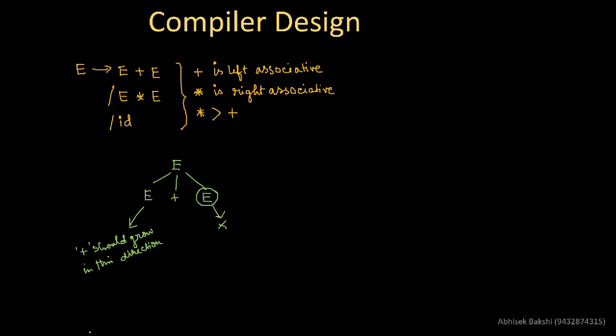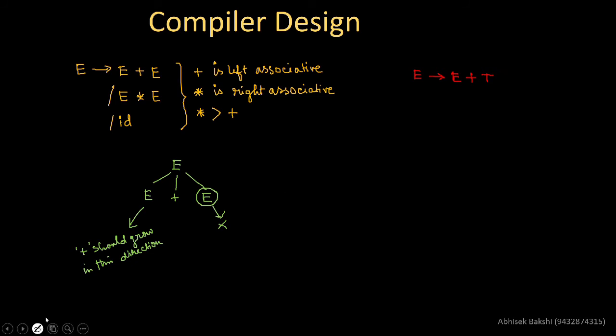So when I rewrite the production for this E to E plus E, I will write E to E plus, and I cannot write E, so I have to introduce a new symbol T. E to E plus T. And if you do it this way, what will happen?